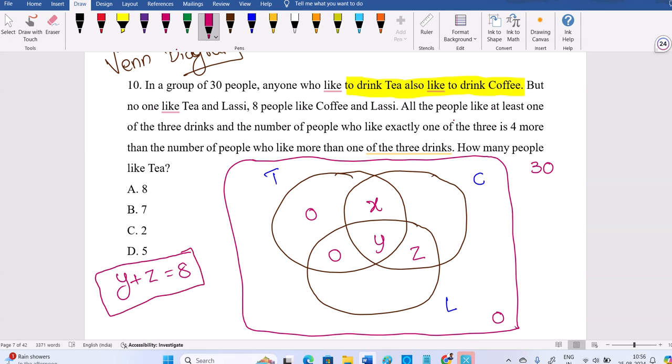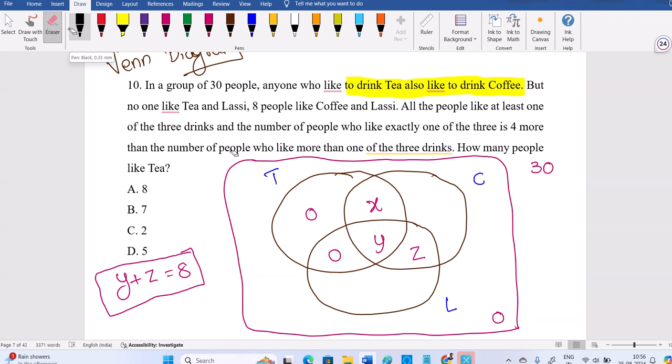All the people like at least one of the three drinks. Eight people like coffee and lassi. Nobody is liking tea and lassi.